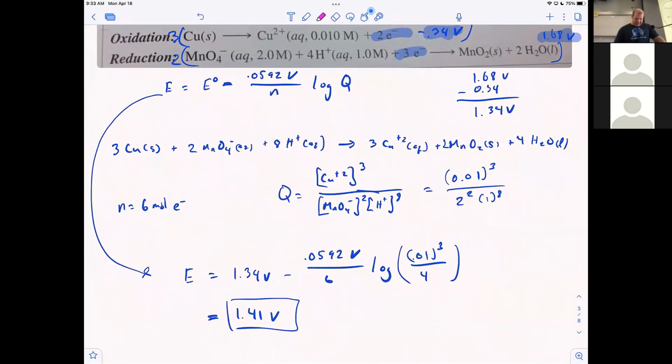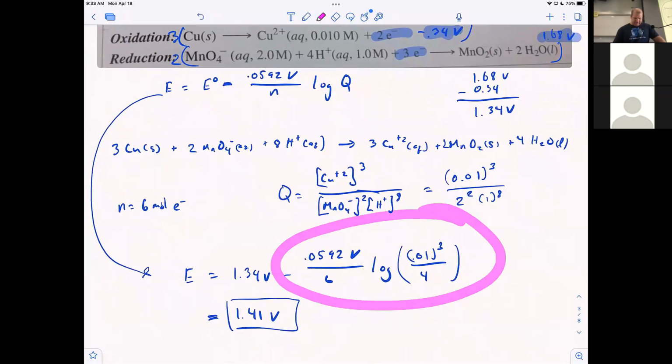Well, mathematically, you're taking the log base 10 of this number right here, that's 10 to the minus 6. So the log of 10 to the minus 6 is -6. It's going to be a little less than that, so this number here is somewhere between -5 and -6.